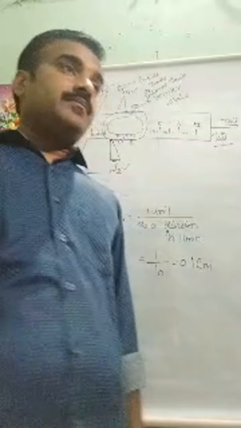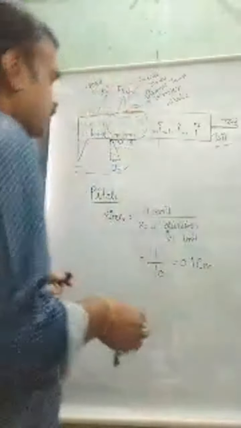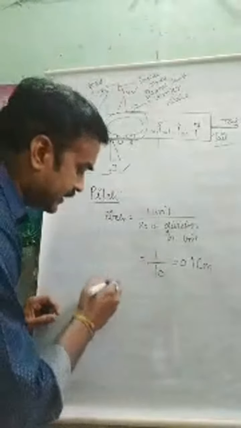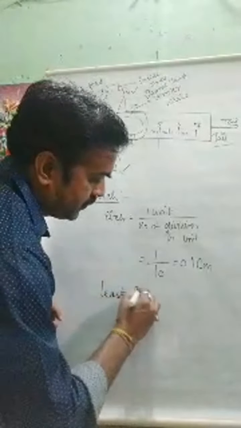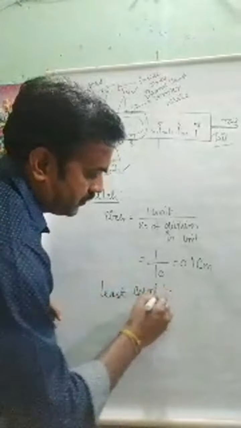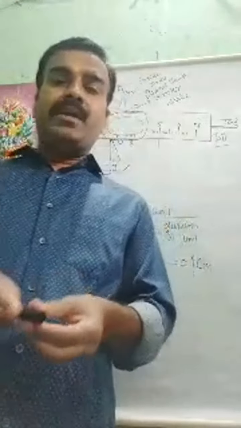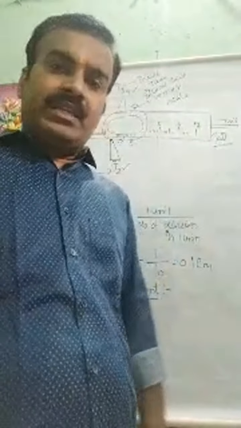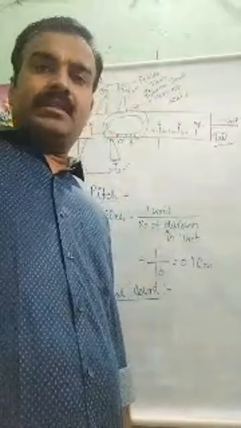Now, after pitch comes the least count. Least count means how accurately we can measure. Just see the definition of least count: the measurement of the smallest length which can be taken by an instrument.